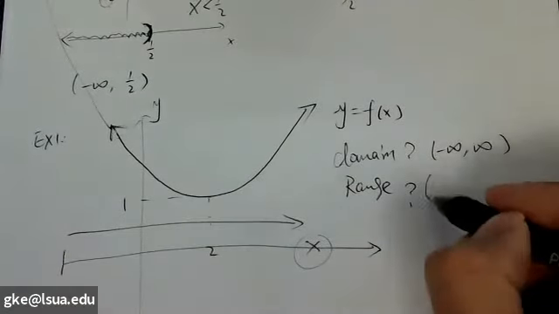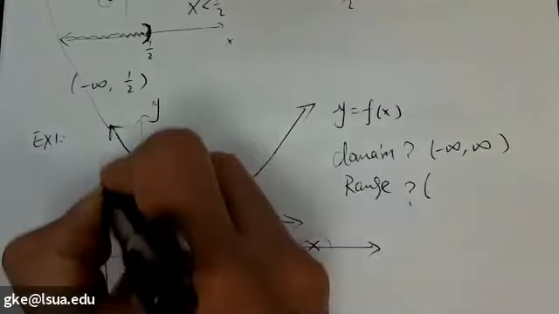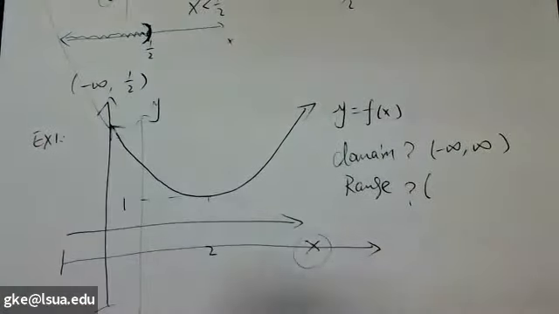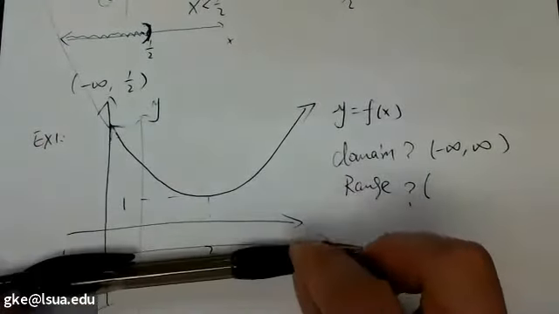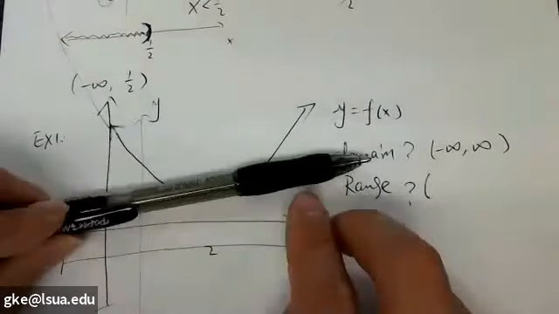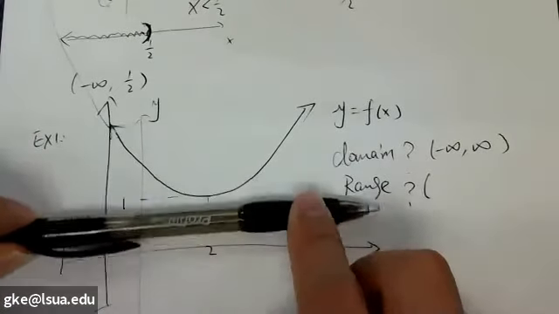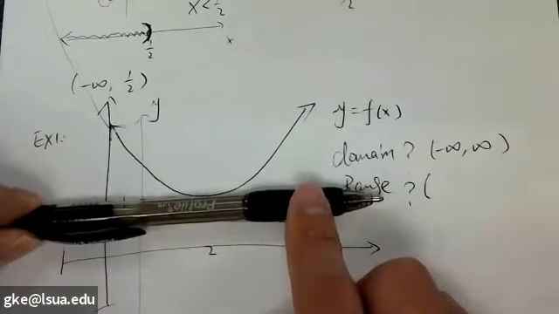Now the range. Range is about the Y coordinates. So we start from the downside. We start the curve here, because that's a horizontal line, or use a pen like that and move.